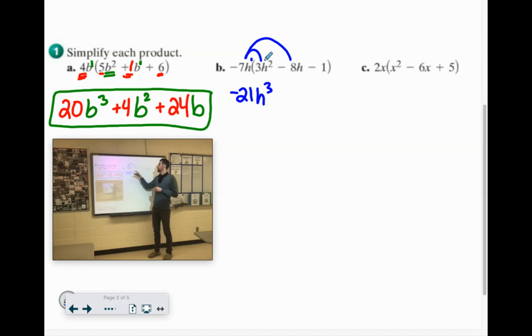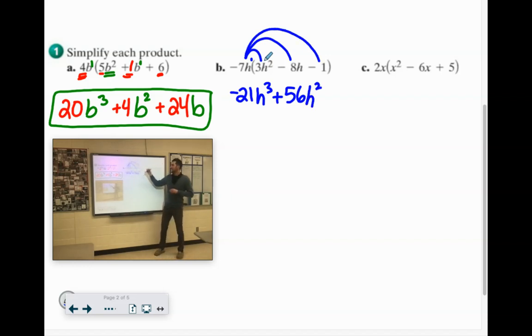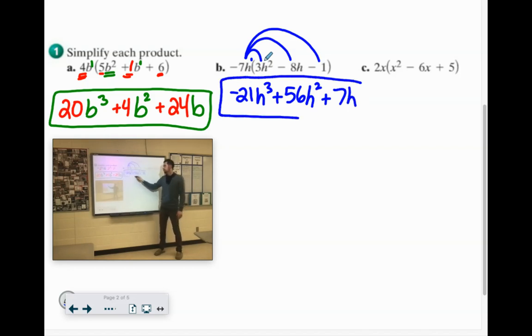Negative 7 times negative 8 is positive 56. h times h gives you h squared. Last one, we have negative 7 times negative 1 becomes positive 7. And we just have h. Make sure it's in standard form, which it is.